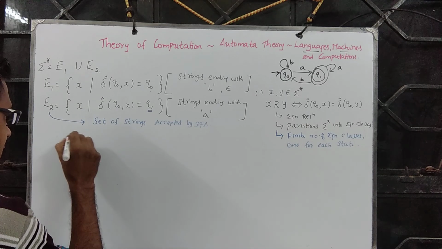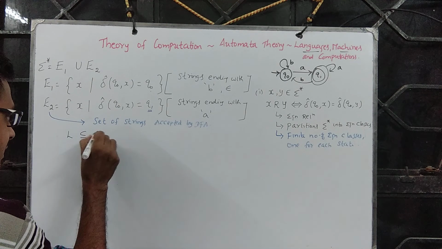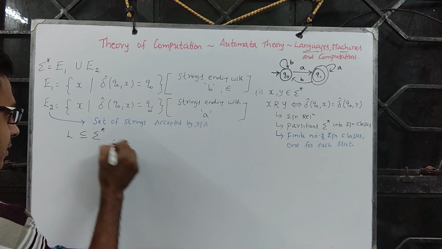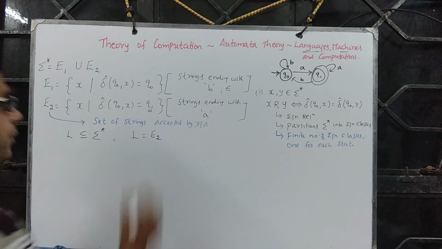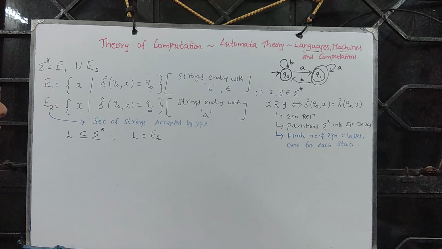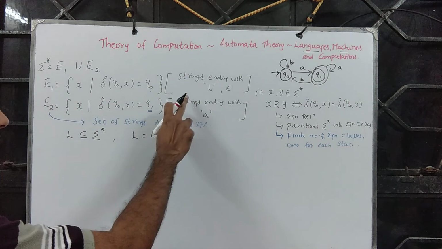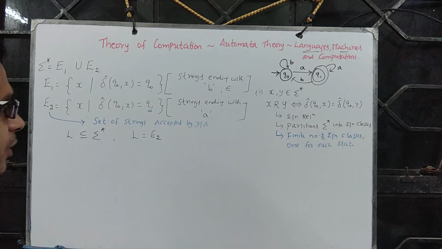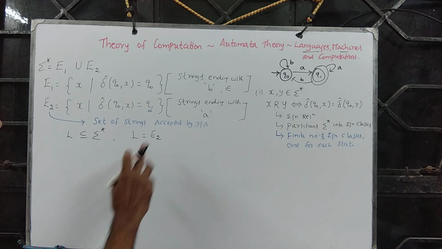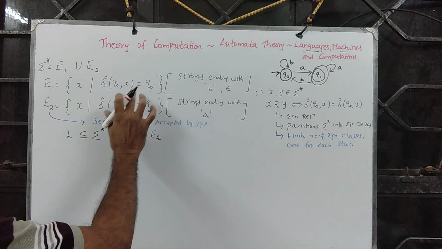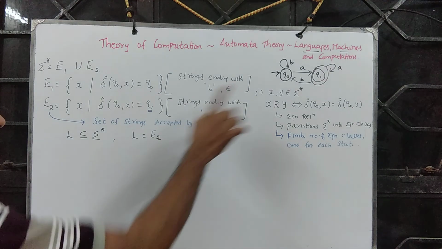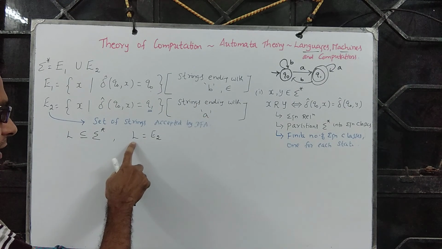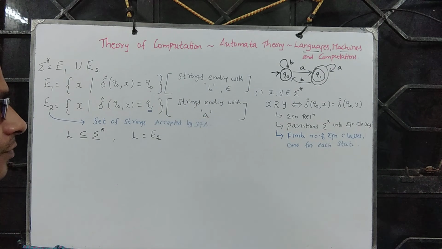Which means we know that L is a subset of sigma star. For this example, L is precisely E2. And E1 gives you the set of strings rejected by the automaton, or in case you want the complement, we can use E1. But for this automaton, the language is precisely this.